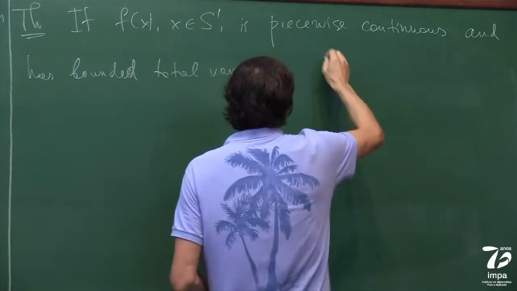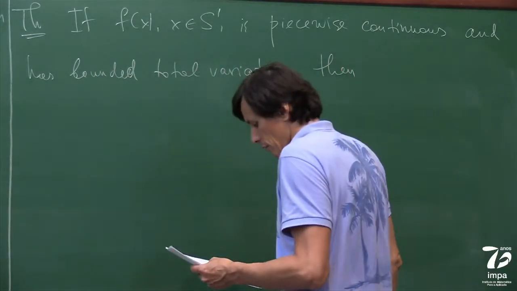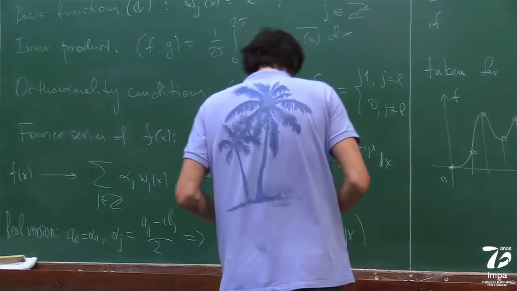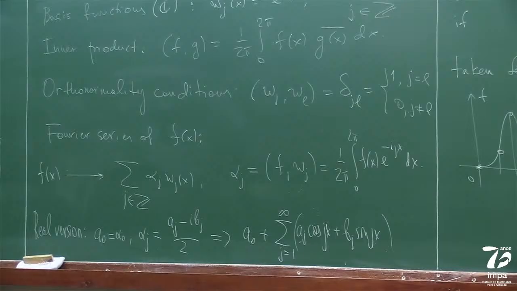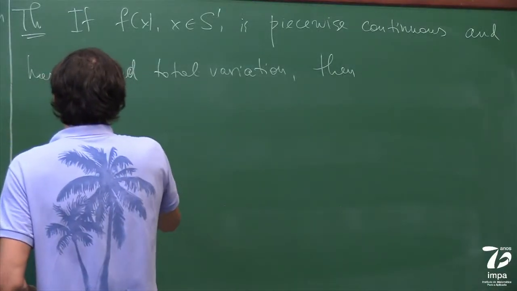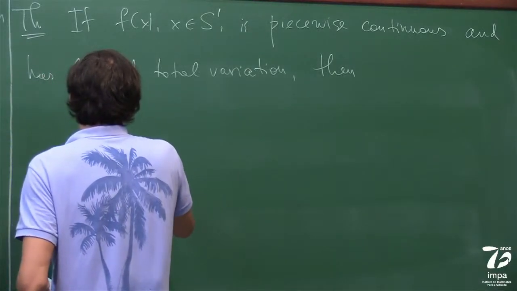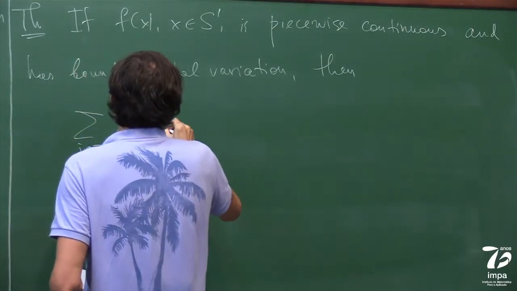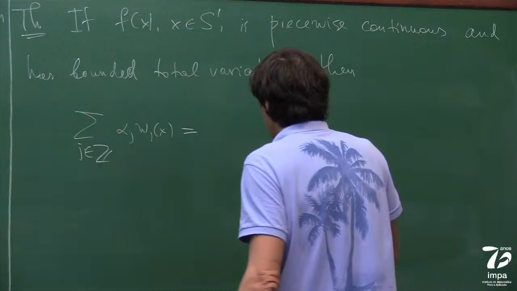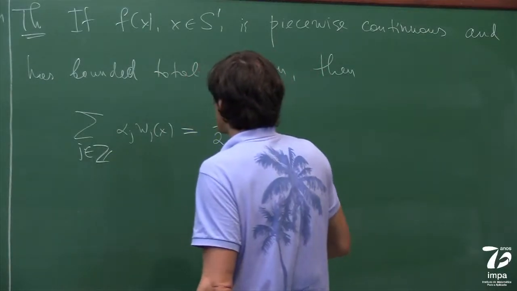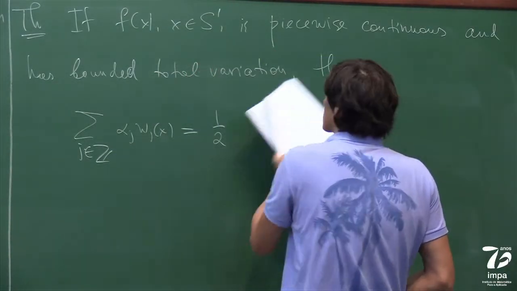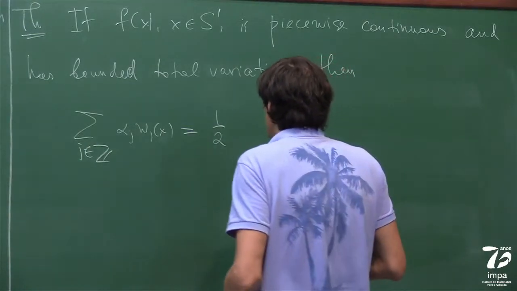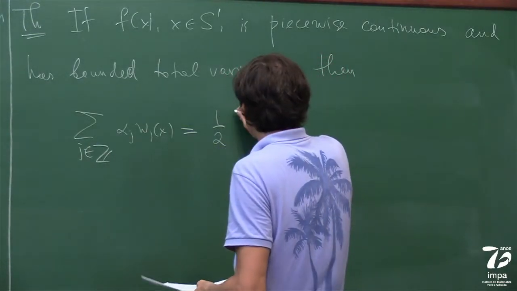then we can compute the sum. So then the Fourier series, we know what it is, at each point. It's piecewise continuous, so there are some points where the value is not well defined.